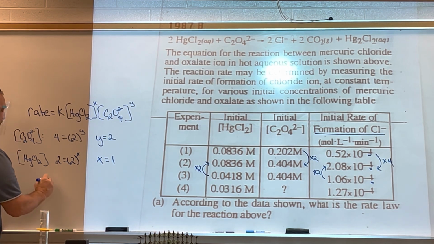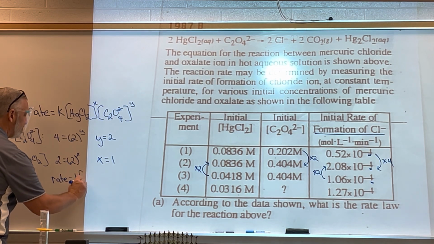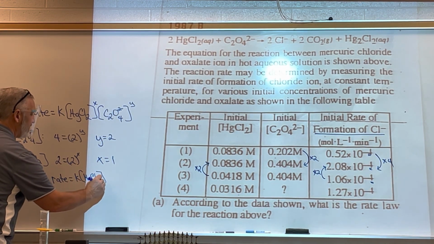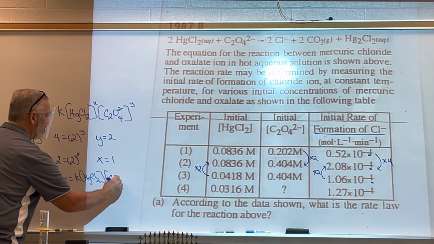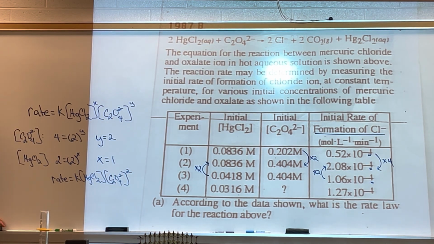So I say my rate law is equal to k times HgCl2 to the first, and you don't have to write the 1, times C2O4 2- squared. That's your answer to A, right there.